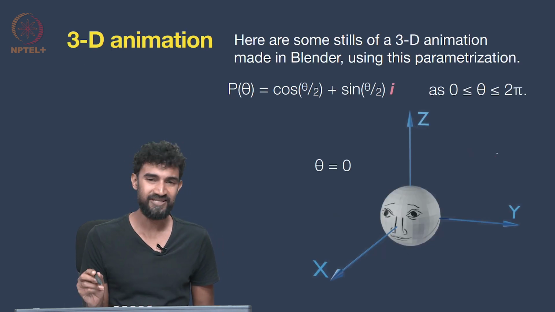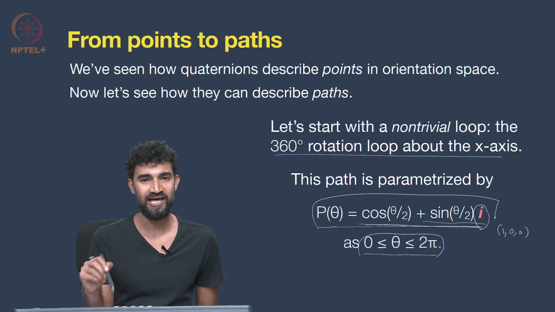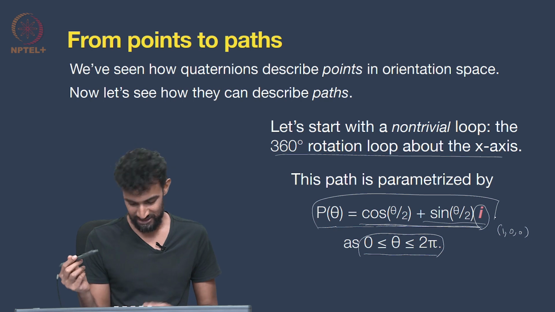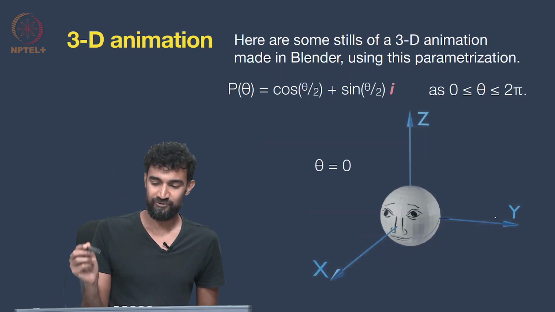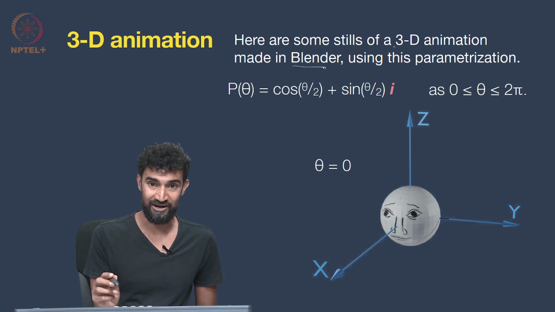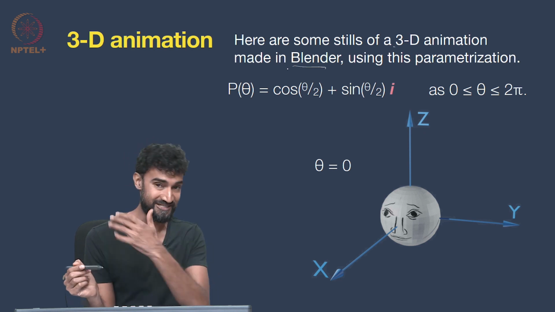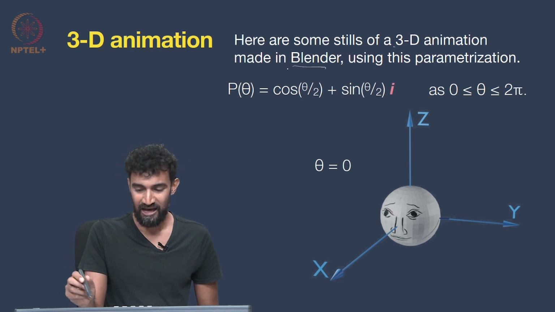So the nice thing about writing this out in this precise formula is that we can plug it into a computer. For example, if you're familiar with Blender, it doesn't matter if you're not, it's a 3D animation software. It's fully open source. You can download it right now and start using it.